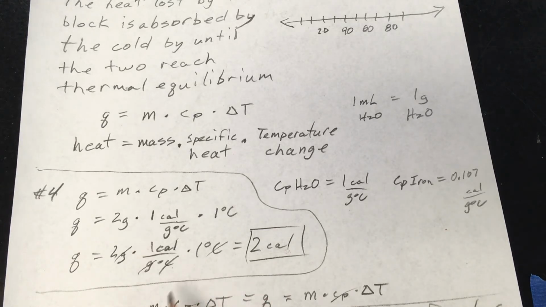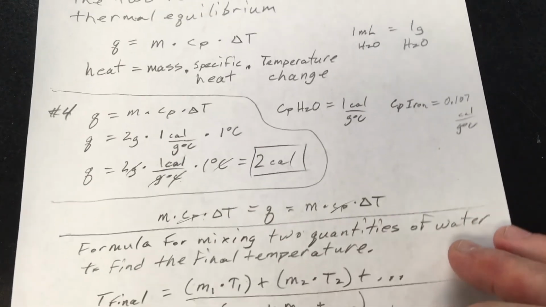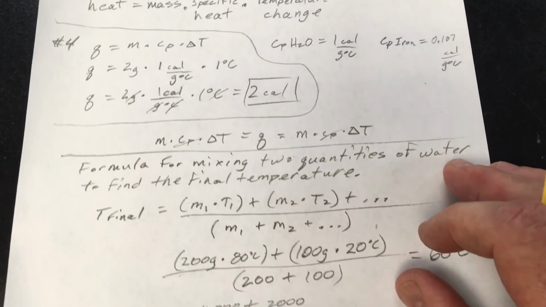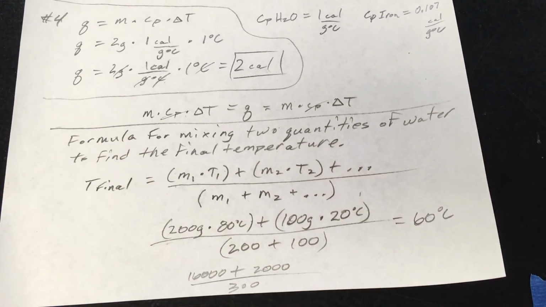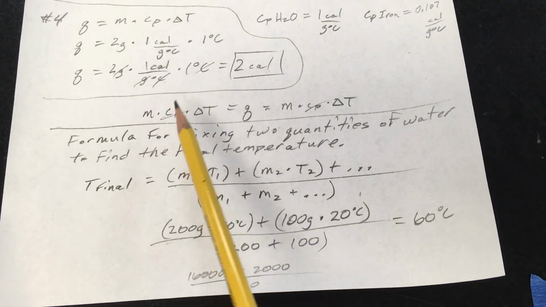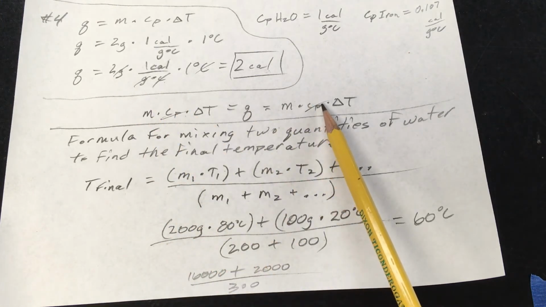This equation is going to help us understand what you did in the first part of the experiment. That is, how do you determine the final temperature when you're mixing two different quantities of a substance? In the case of the blocks up above, they both had the same specific heat.